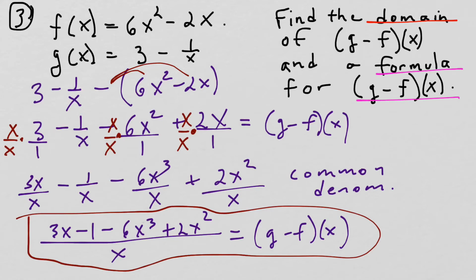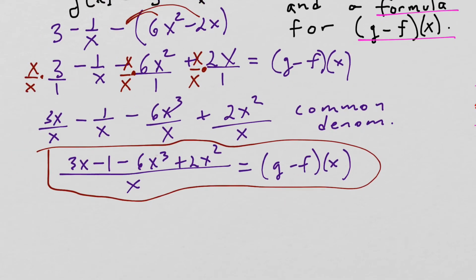All right, so if I'm looking at the domain, I've got a problem if my denominator right here is 0. So we can't have x equal to 0, because if x is 0, then you've got a 0 in the denominator. So x cannot be 0. So if we look at the number line here, x cannot be 0, so it would be empty.